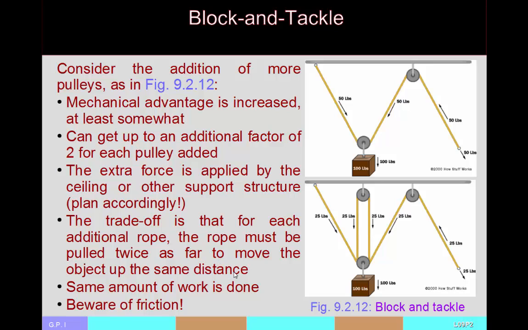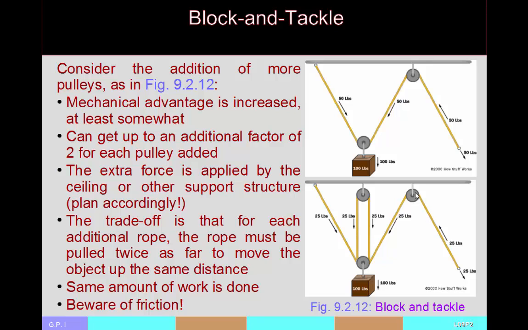The other trade-off in this is, how do we make sure that energy is being conserved? And the answer is that for each additional rope or each additional pulley, whichever you want to look at it as, you end up having to pull this rope twice as far in order to move the object the same distance.